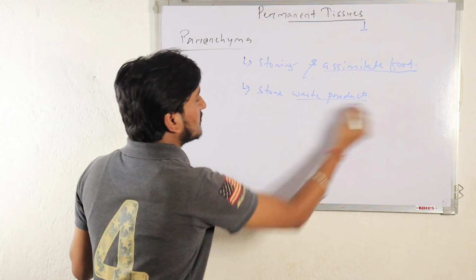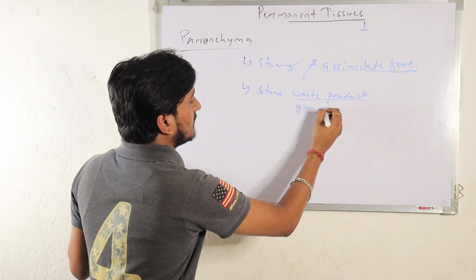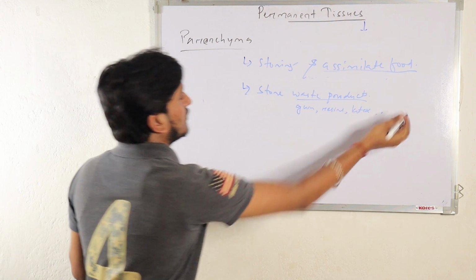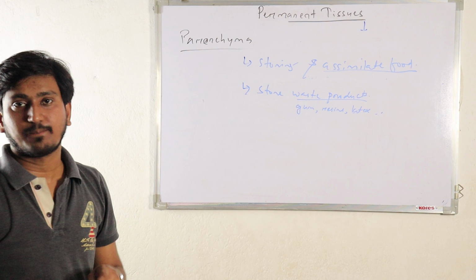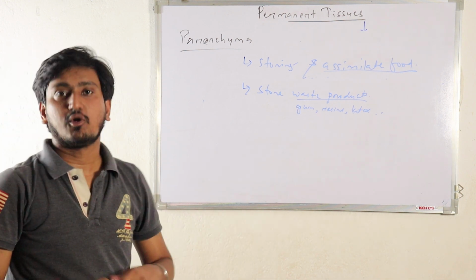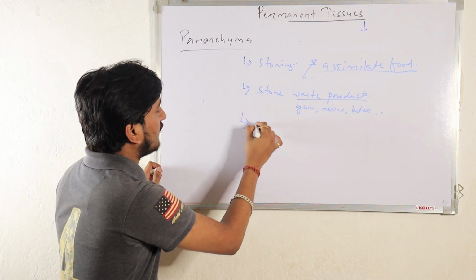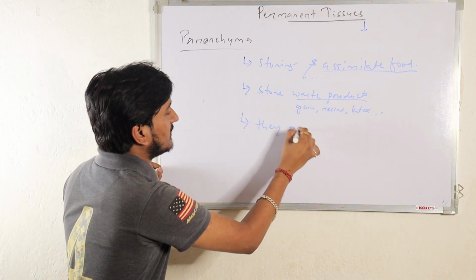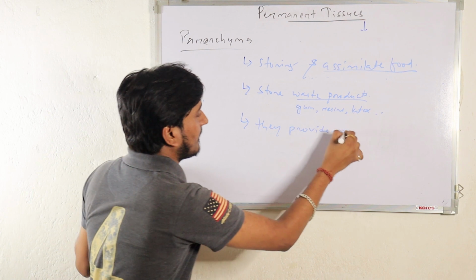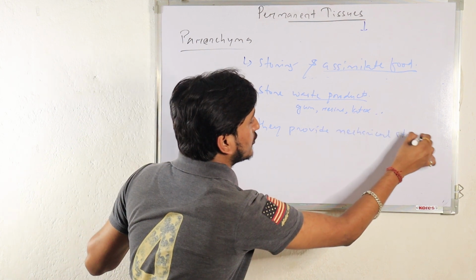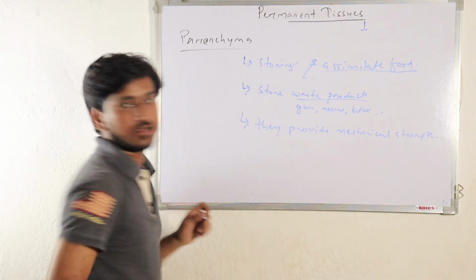The waste products may include gum, resins, latex, etc. These are all the waste products which the plants excrete out through their stem or through the leaf. The next function: they provide mechanical strength or support to the plant parts or plant body.